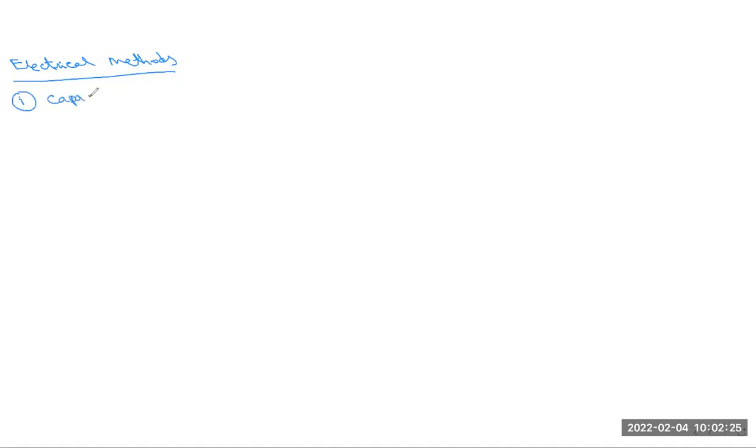One is the capacitance level indicator, and number two is the radiation level detector.